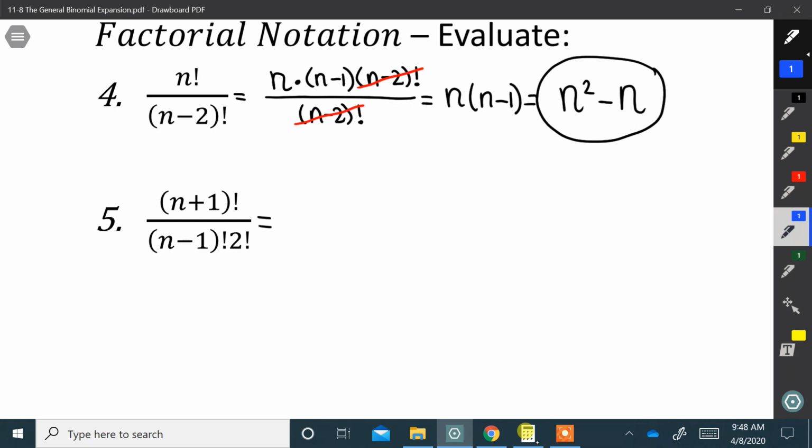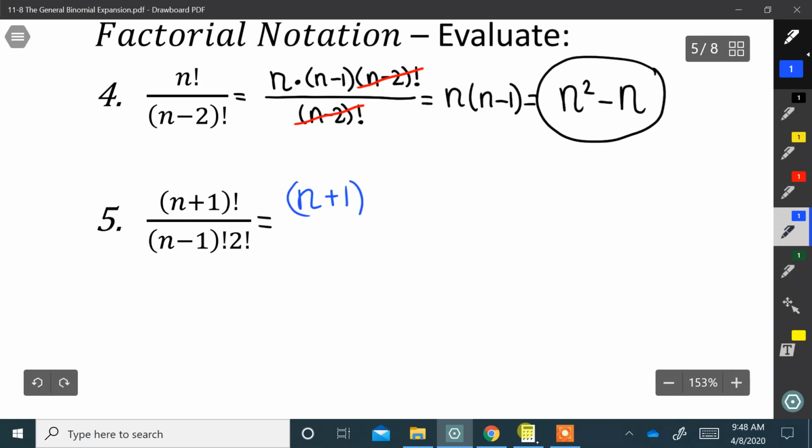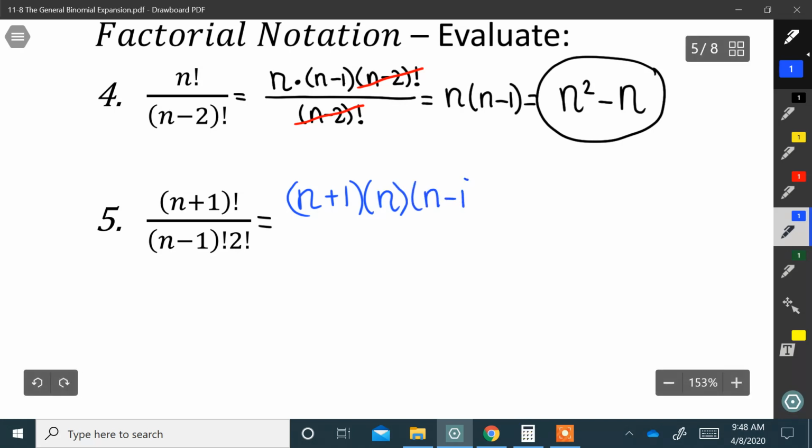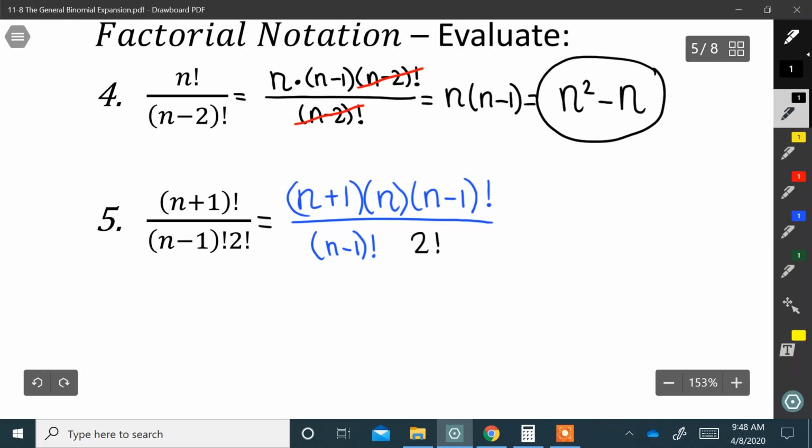So we got n plus 1 times n, that's the number less, and then we got n minus 1 factorial. I want to stop there because I can see that I have an n minus 1 factorial on the bottom, and then we do have a 2 factorial there, which is just 2, so I'm going to write it as a 2.